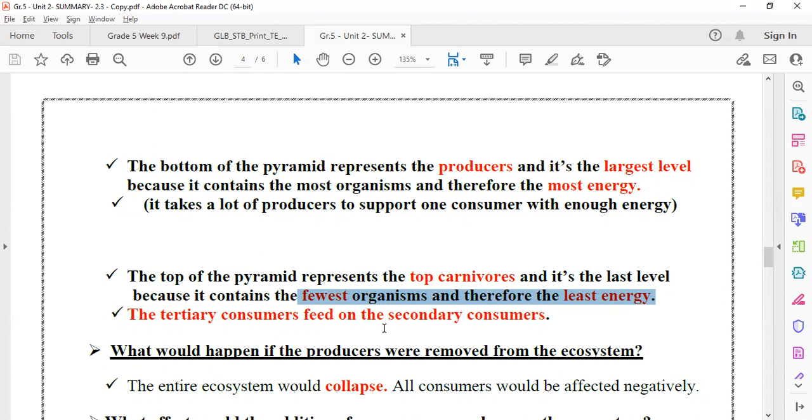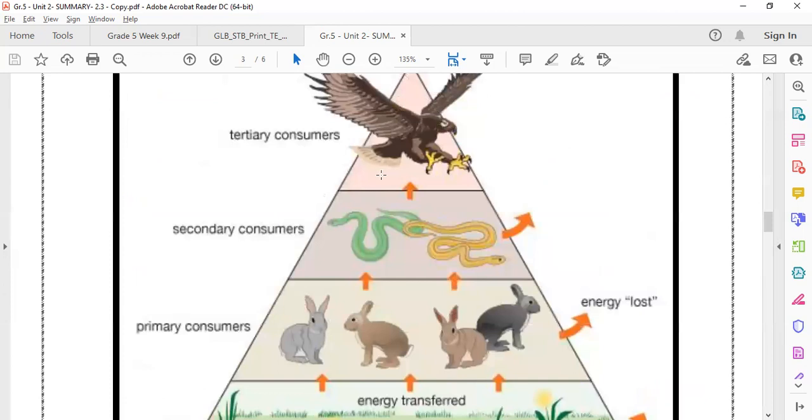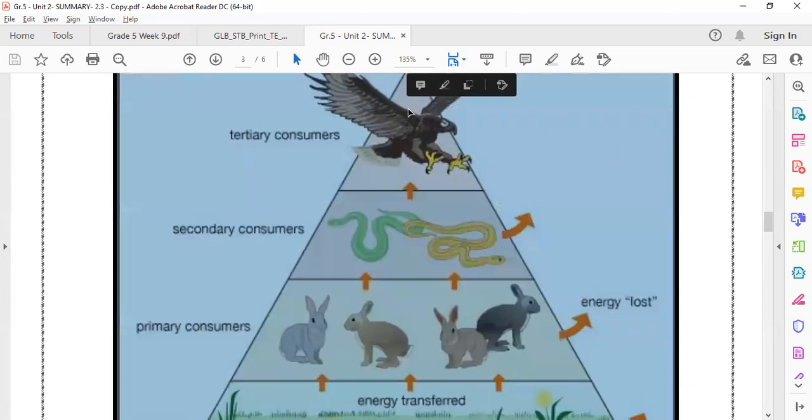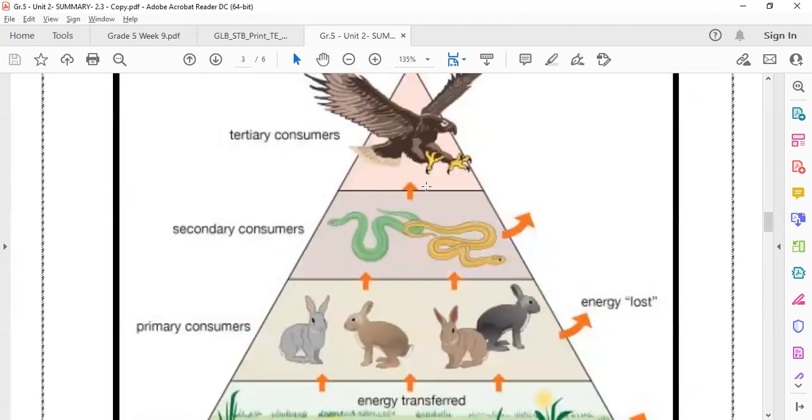The tertiary consumers feed on the secondary consumers. Look here, the tertiary consumers, like the eagles, feed on the secondary consumers. They are at the top. They have the fewest number of organisms, and they have the least energy.